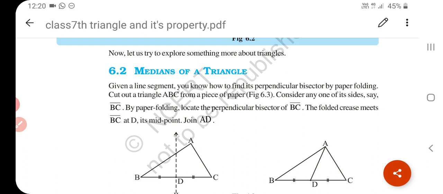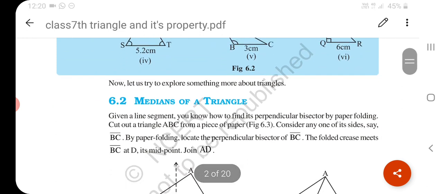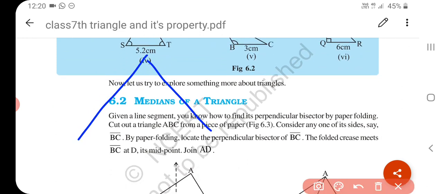See here, this is any triangle ABC. A straight line that joins a vertex of a triangle with the midpoint of the side opposite to it is called the median of a triangle.